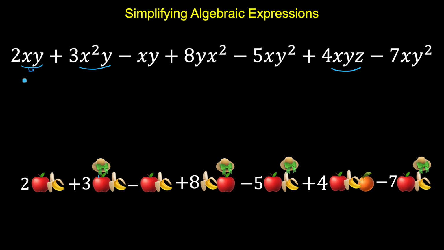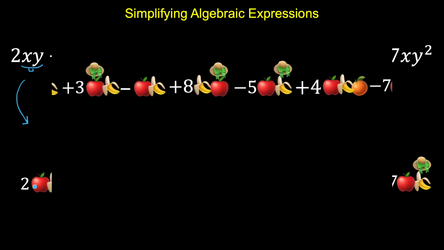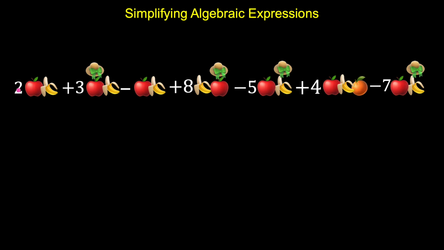So let's consider the expression with fruits. As you remember, for x we have apple and y is a banana, and x squared is apple with hat, and y squared is banana with hat, and z is orange. So our expression with fruits is something like this. Now let's find like terms. For finding like terms, we need to start with the first term.